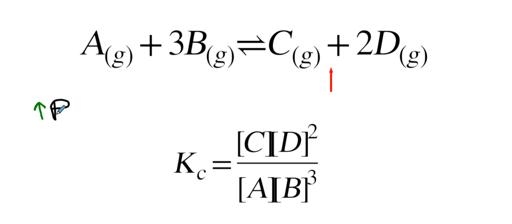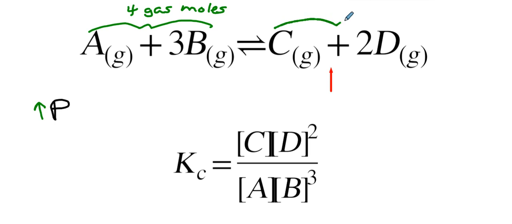So an increase in pressure is going to favor the side of the reaction here with less moles of gas. If we look at this side here we have 4 gas moles, and on the other side we have just 3 gas moles.